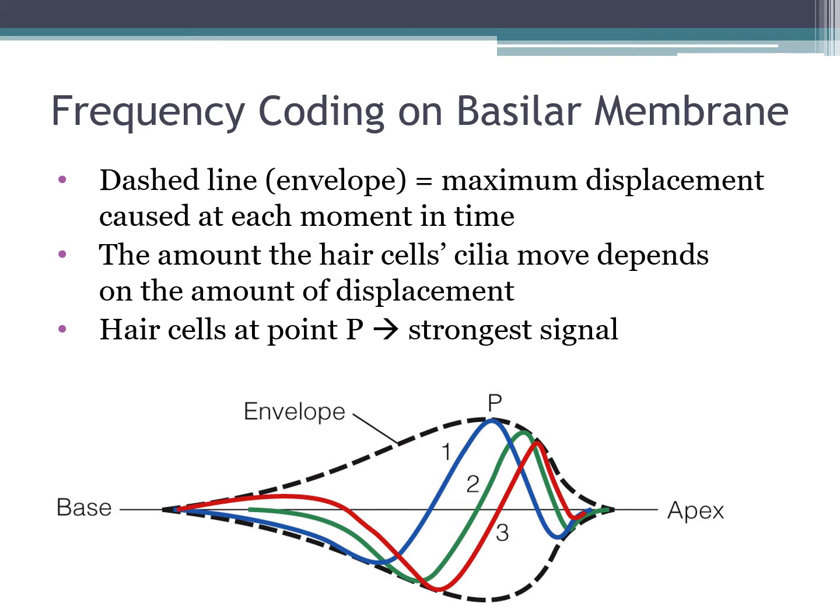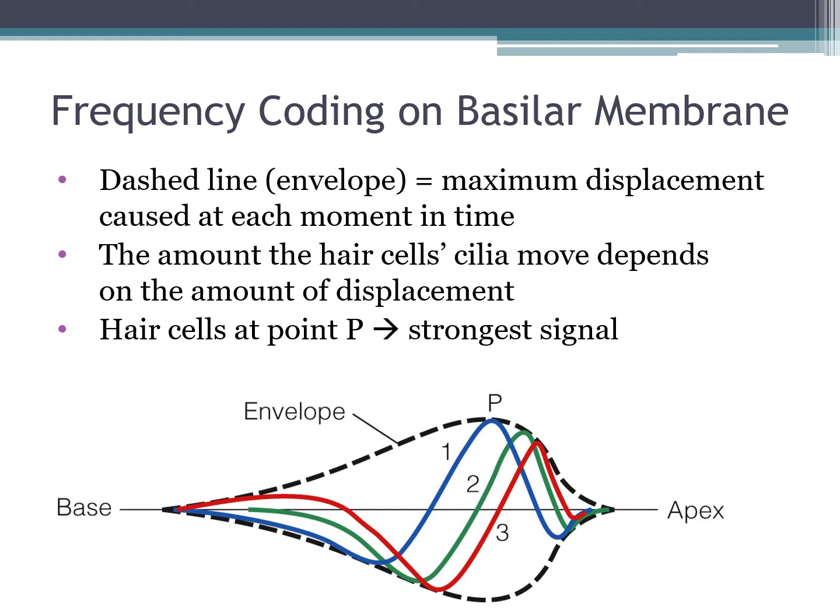The dashed line in the picture is really showing the envelope, which is the maximum displacement caused at each moment in time. And again, because the basilar membrane is waving up and down, it's not just staying on one side like an ocean wave would on the sand.